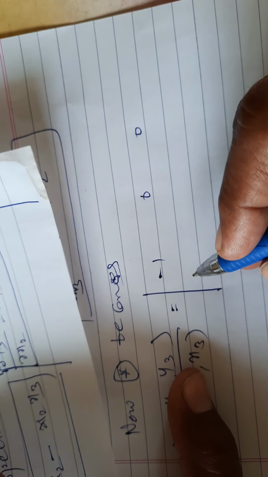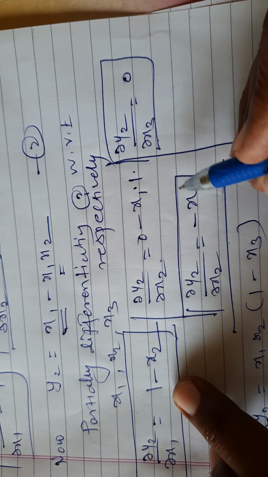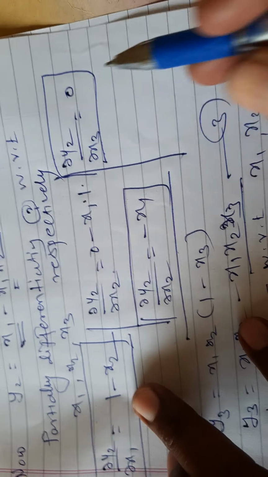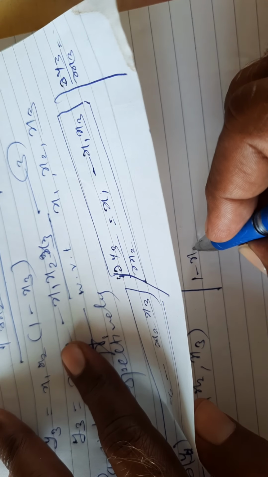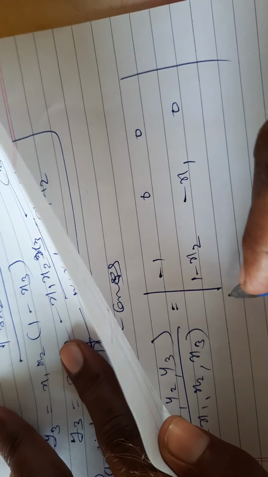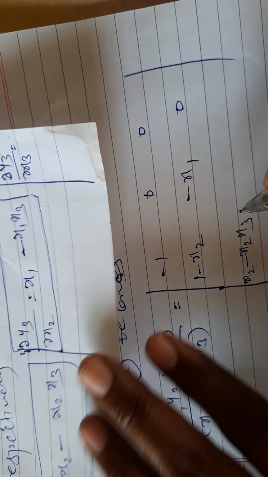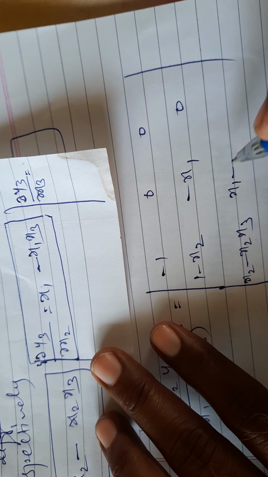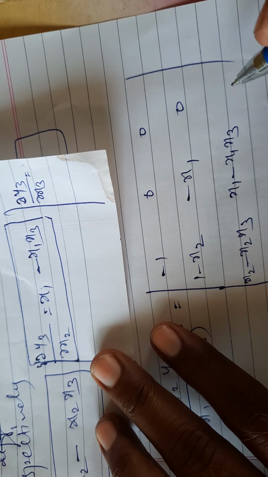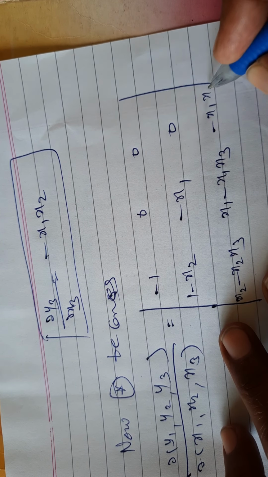The partial derivative of y2 with respect to x1 is 1 minus x2, then minus x1 and 0. At the last row, x2 minus x3, x1 minus x1 x3, and at the last minus x1 x2.